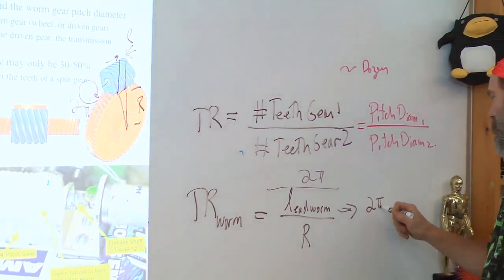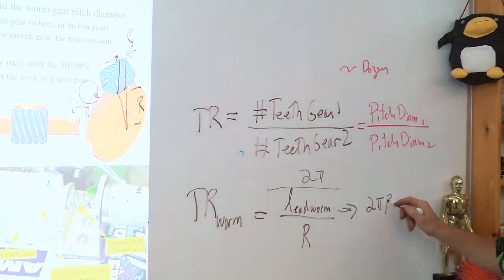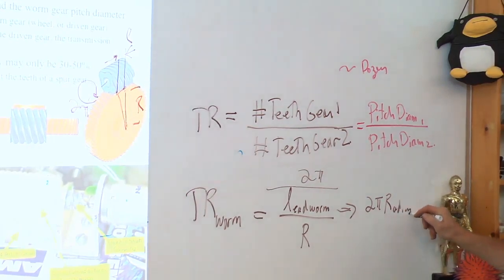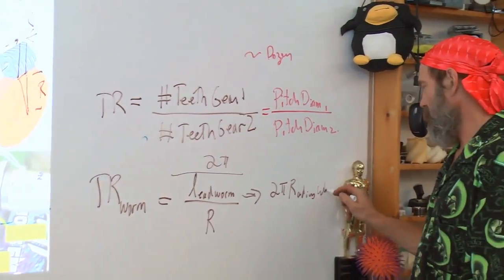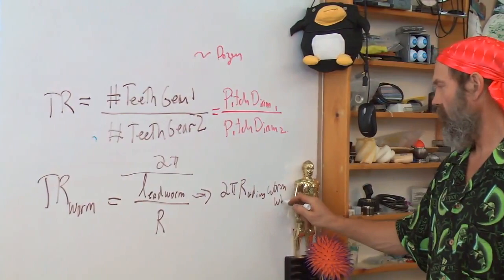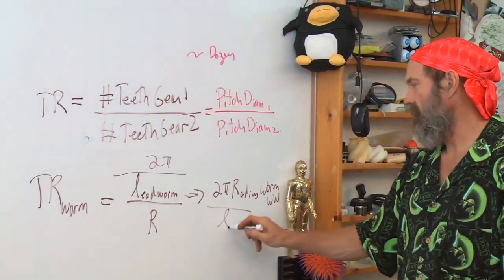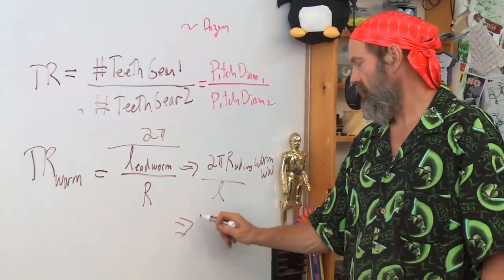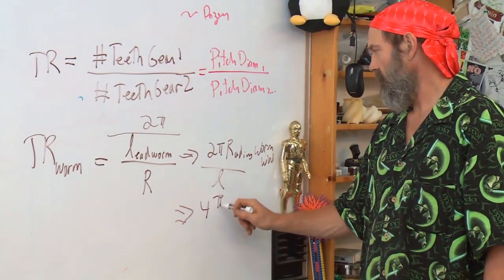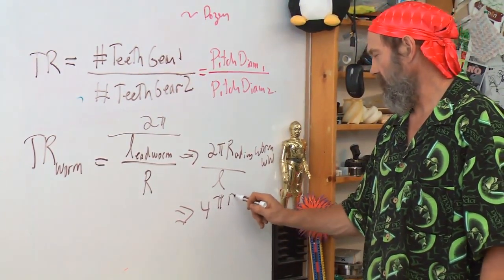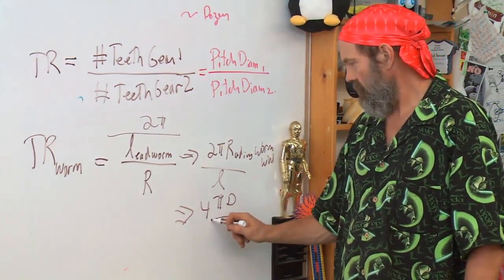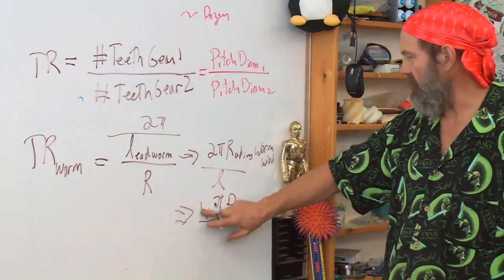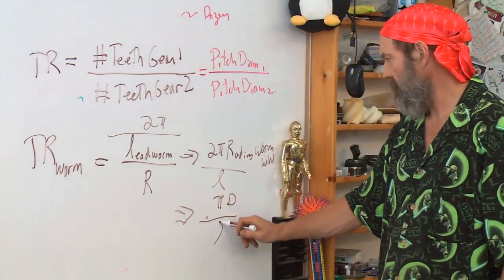Two pi times the radius of the worm wheel divided by the lead, which is, in other words, pi d over L.